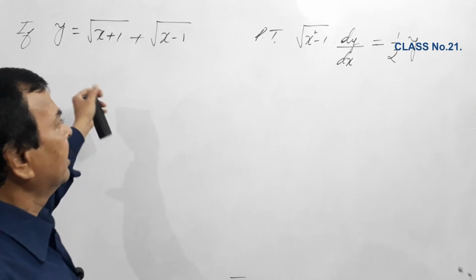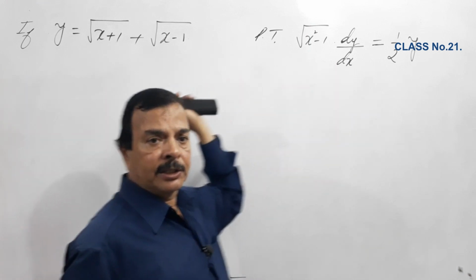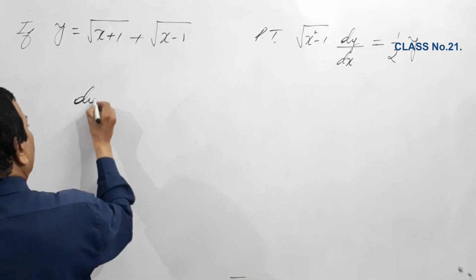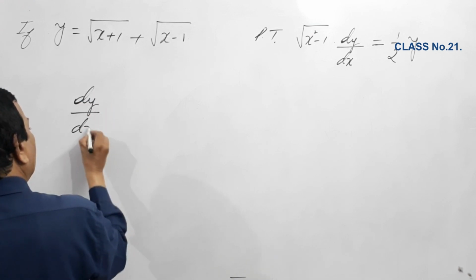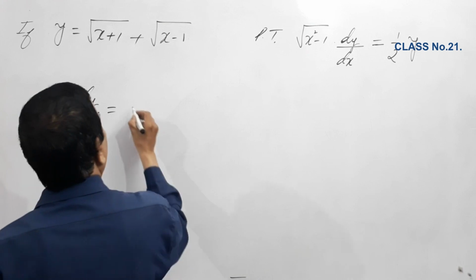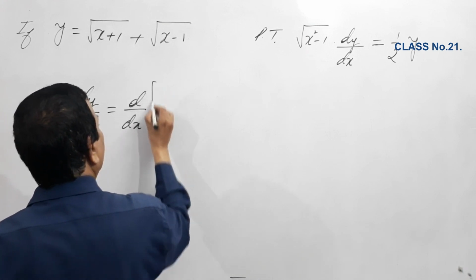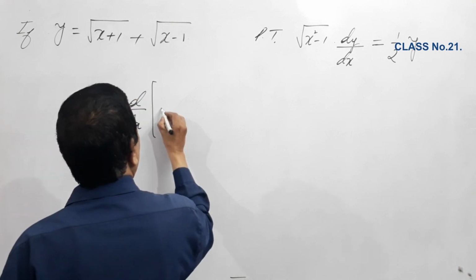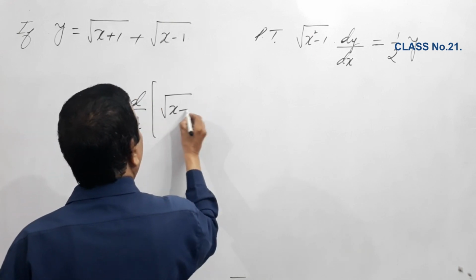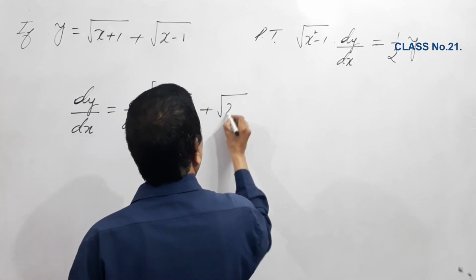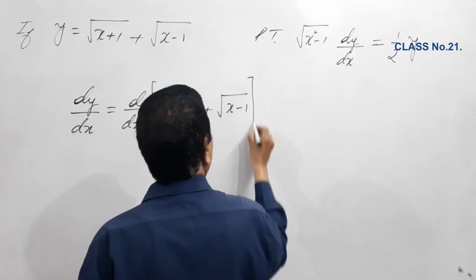So what I will do is, straight away I will differentiate this. What happens here? dy by dx equals d by dx of under the root x plus 1 plus under the root x minus 1.